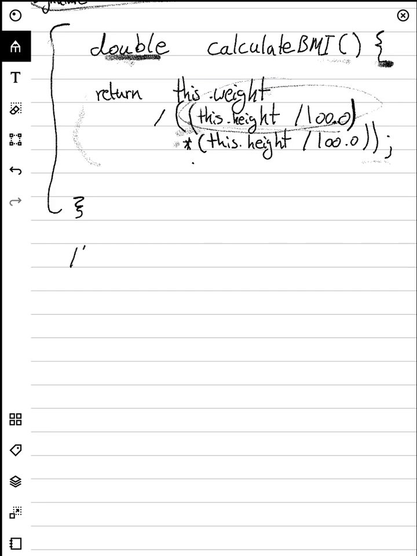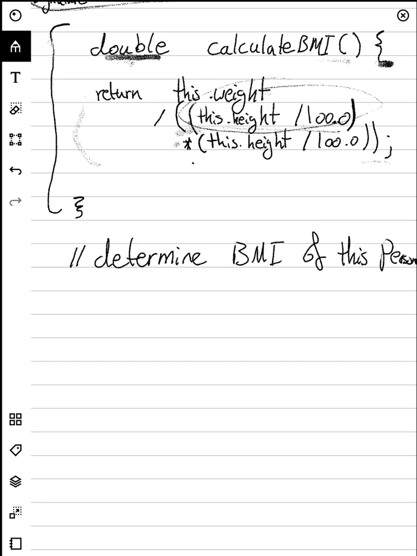So you first start with a purpose statement again. Determine BMI of this person. We'll talk about publics and privates later, but for now, just know that we start with a public.